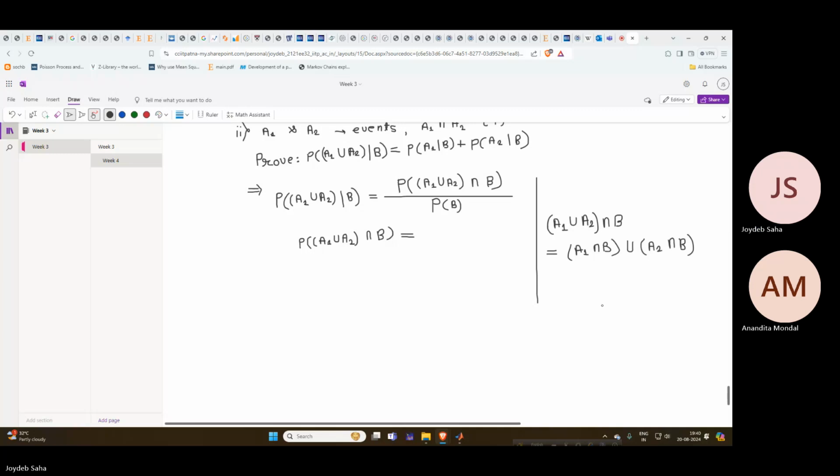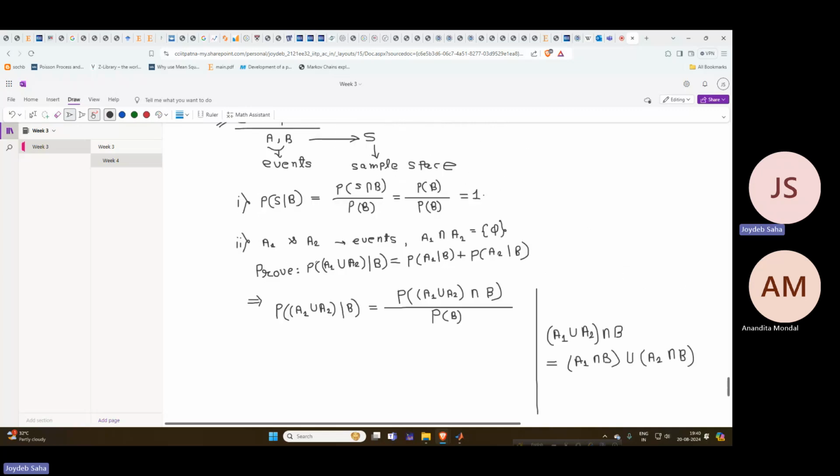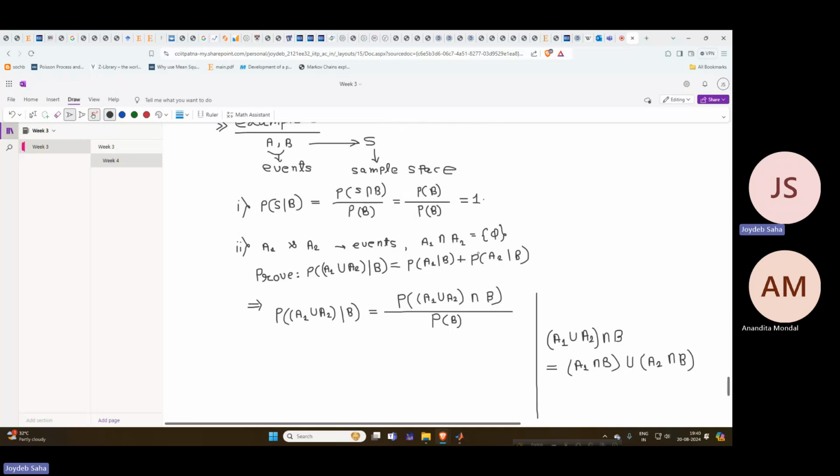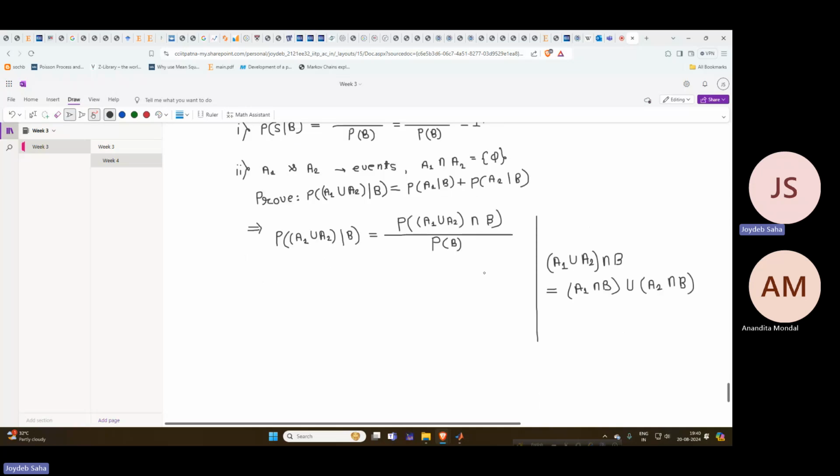Now, if we say that, okay, here we will come later. We are saying that A1 intersection A2 is phi.